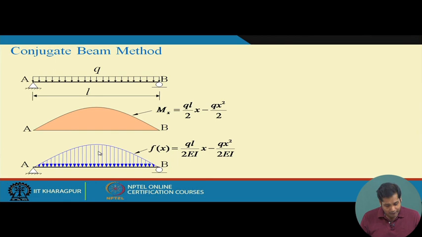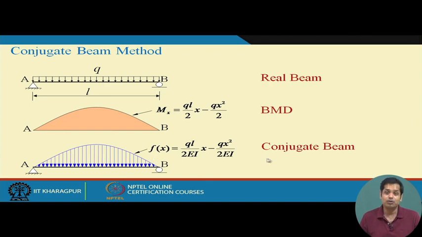Now construct a system where the beam has the same length and same dimensions, everything the same, but the load on this beam is replaced by the M by EI diagram of the real system. So this is the real beam, this is the bending moment diagram of the real beam, and this is the conjugate beam.